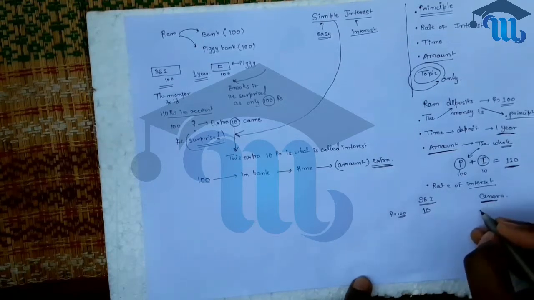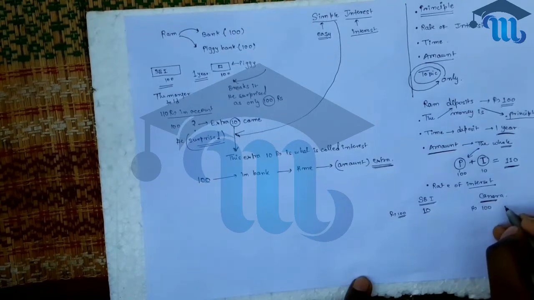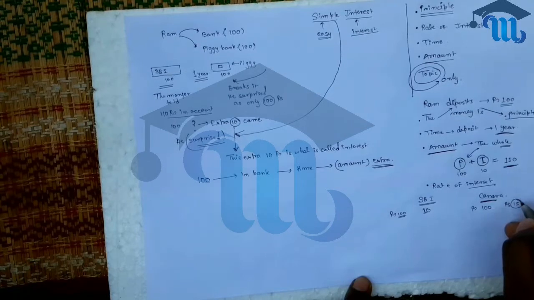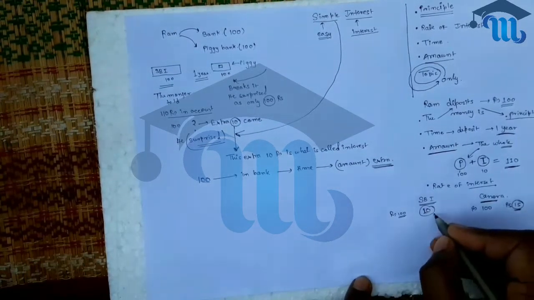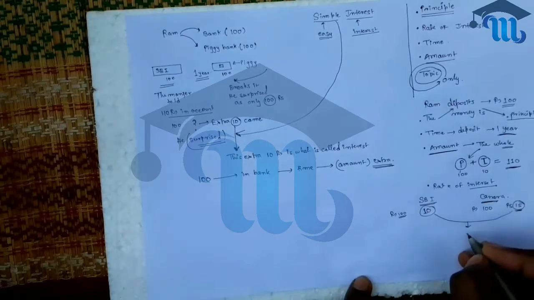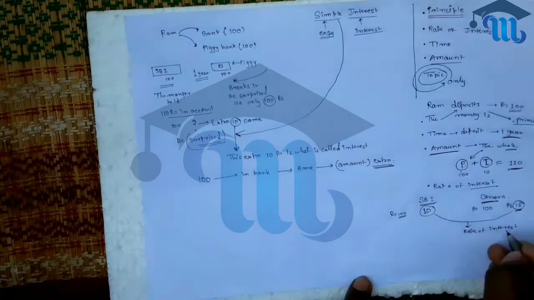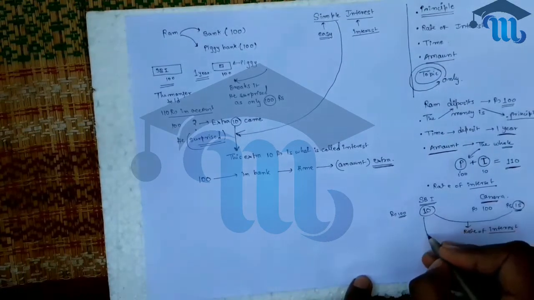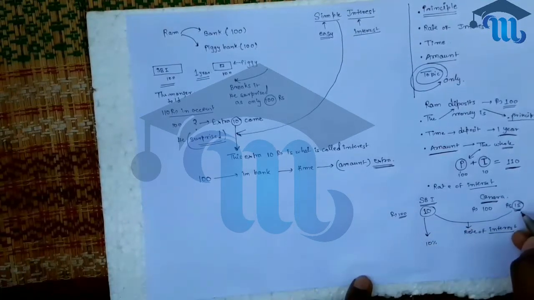On the other hand, the Canara Bank manager tells you, if you deposit 100, I will give you rupees 15 extra. So this is called rate of interest. In the first bank it was 10% and in the second bank it was 15%.